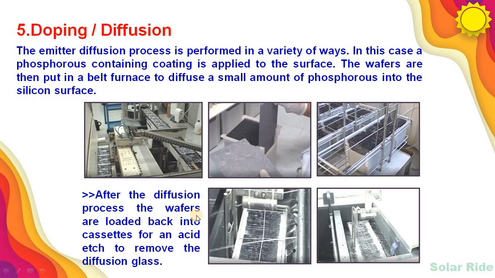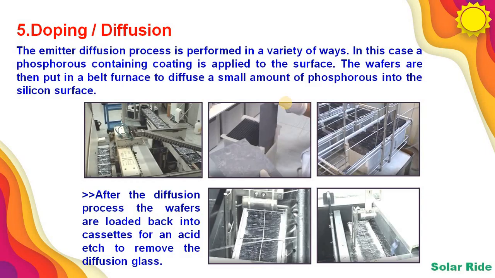After the diffusion process, the wafers are loaded back into the cassettes for an acid etch to remove the diffusion glass. Here, first of all, when the phosphorus and boron diffusion process is completed, the solar cells are loaded into the cassettes. Then these cassettes are loaded for removing the diffusion glass.